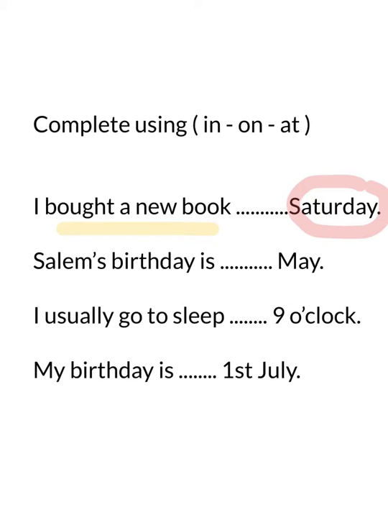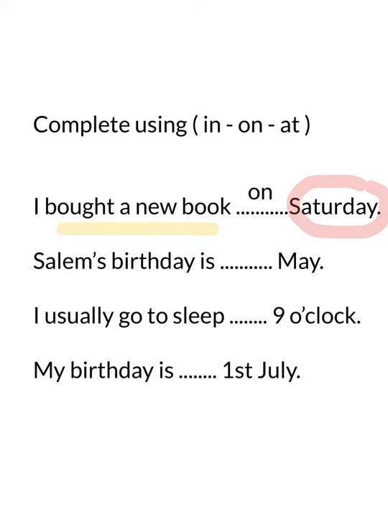I said that we use on for days and dates, in for months, seasons, and years, while at, we use at for precise time. So here we have Saturday. Saturday is a day. So we have to use what? Of course, on Saturday.